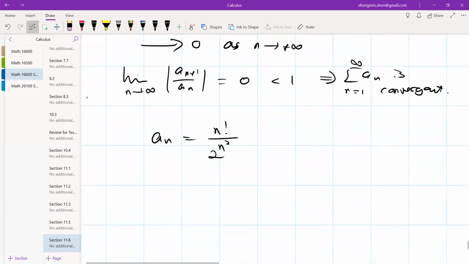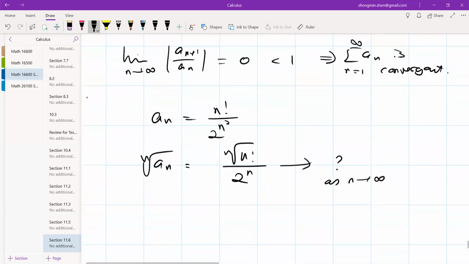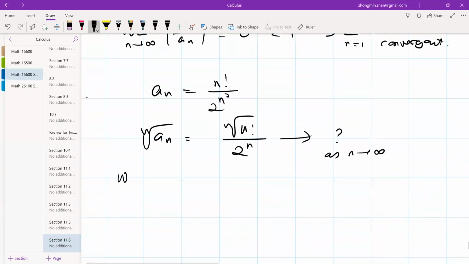The nth root of a_n is going to be the nth root of n factorial over 2 to the n. But what is this converging to? We don't know. We cannot use the root test here.